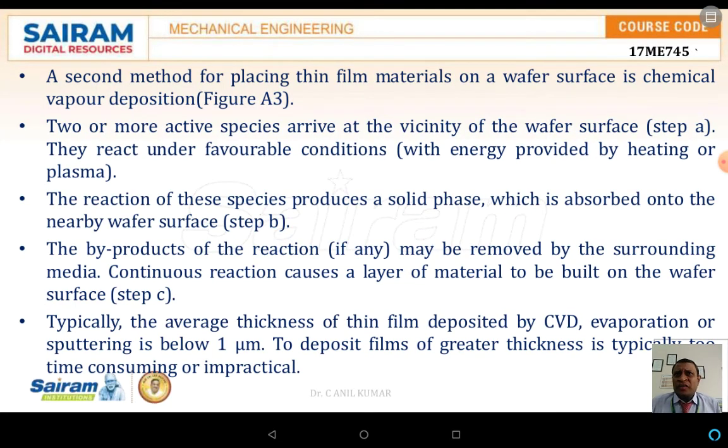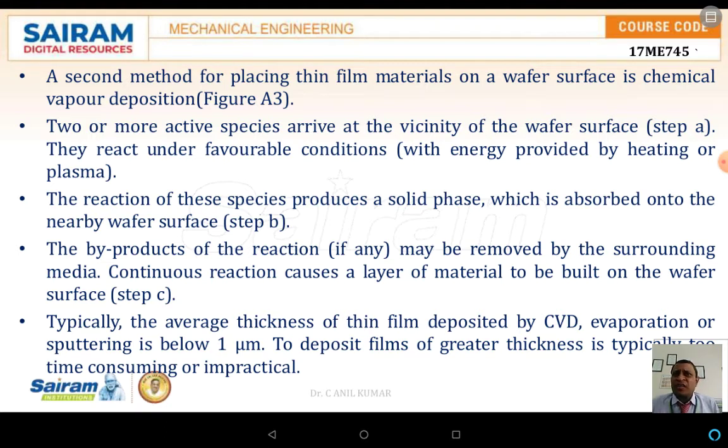In the case of chemical vapor deposition, as I said, it is somewhat an easier method. Two or more active species arise in the vicinity of the wafer surface. They react under a favorable condition, meaning either at a high temperature or in a plasma set.